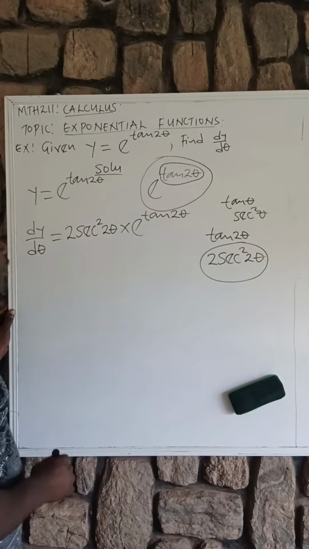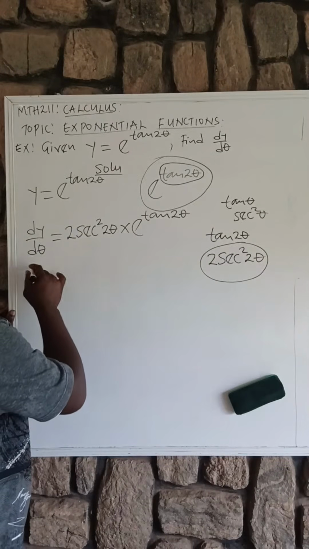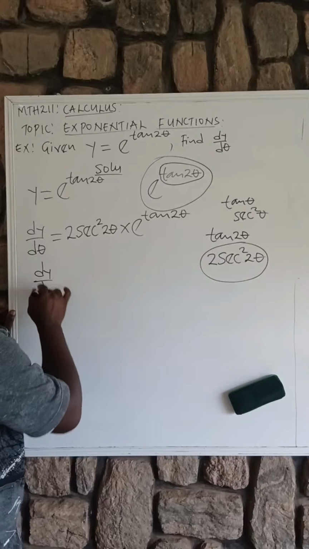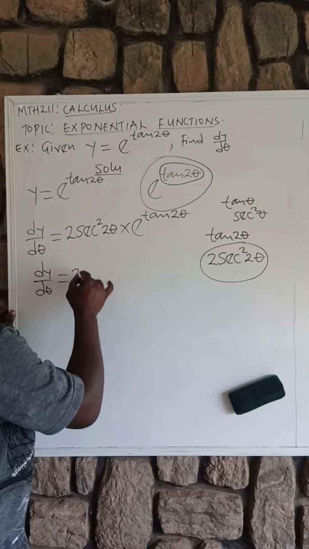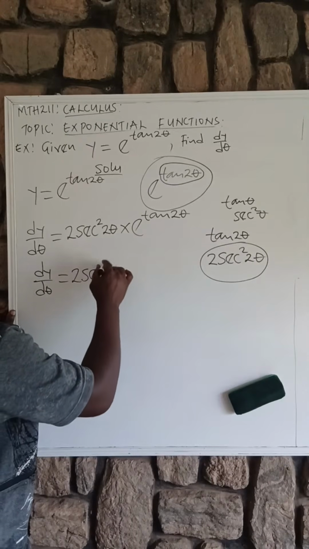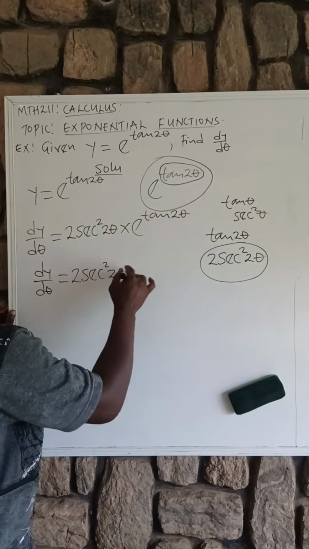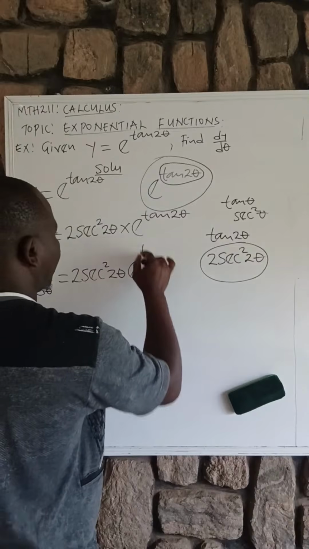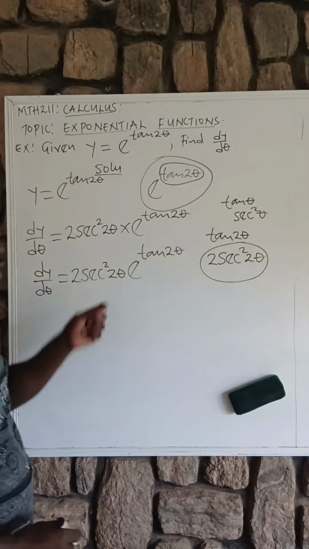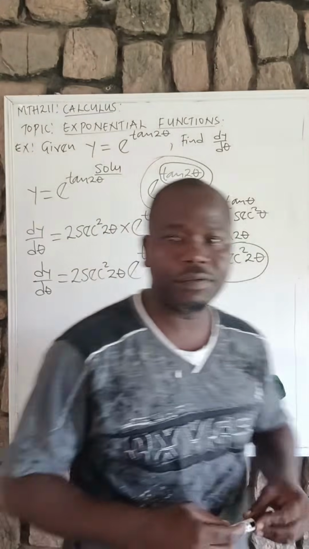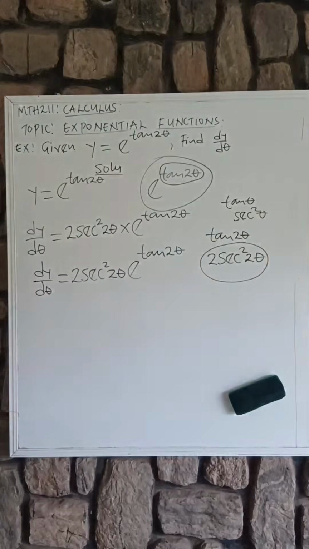True or false? So now the final answer will be dy over d theta is equal to 2 sec square 2 theta exponential tan 2 theta. This is the answer. Obaka, are you following?